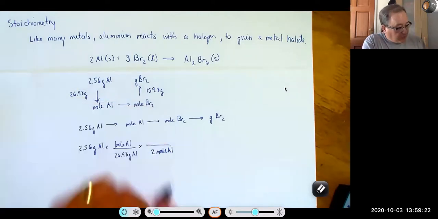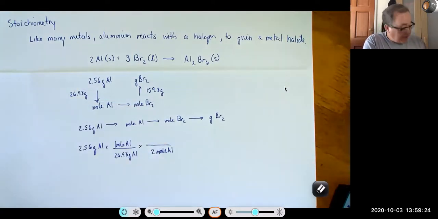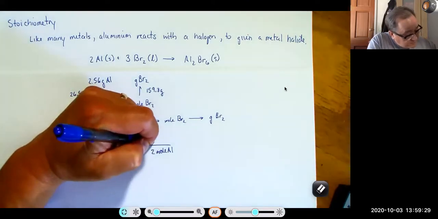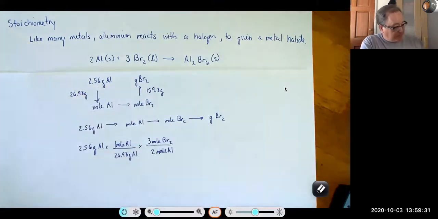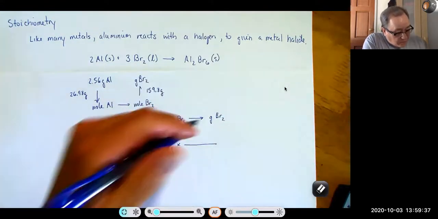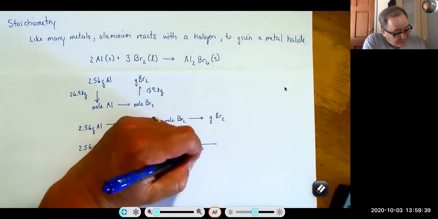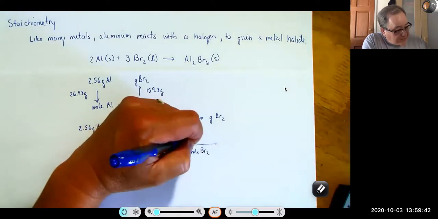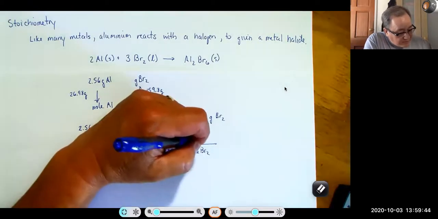Why did I put 2 moles of aluminum on the bottom? If you said to cancel units, you're absolutely correct. Now, what goes on the bottom over here? 1 mole of Br2 and 159.8 grams of Br2 on the top.